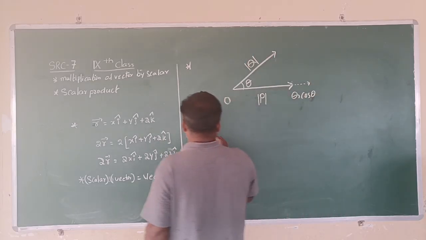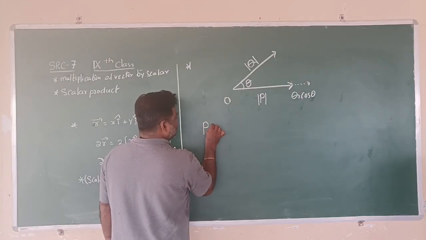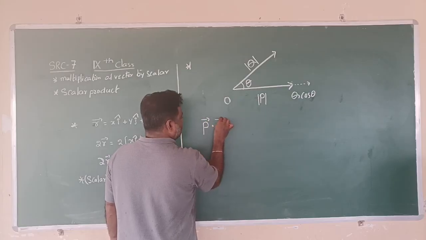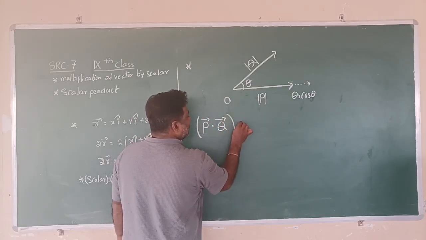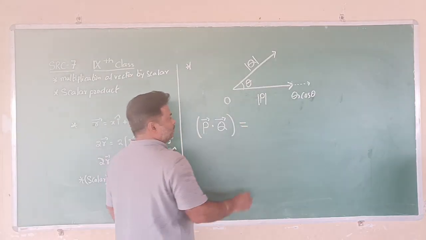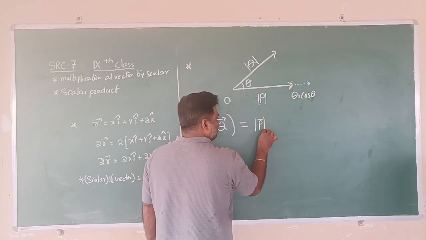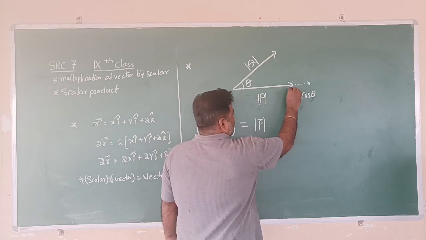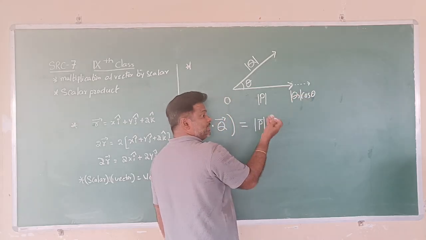Scalar product, or dot product, can be defined as follows. The dot product between the first vector and the second vector is always equal to the product of the magnitude of the first vector, product means multiplication, and the component of the second vector.